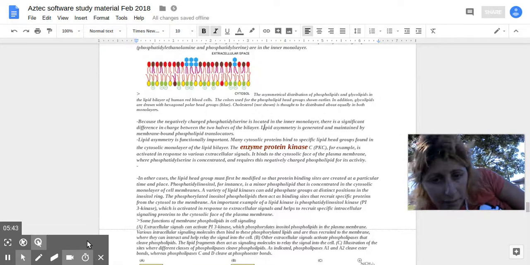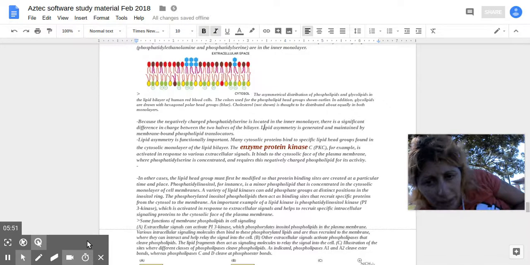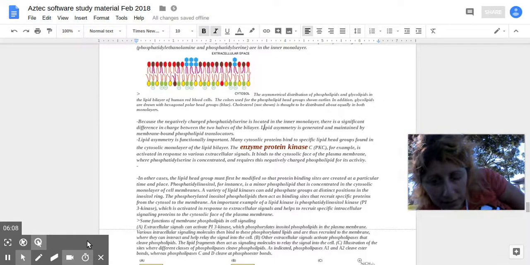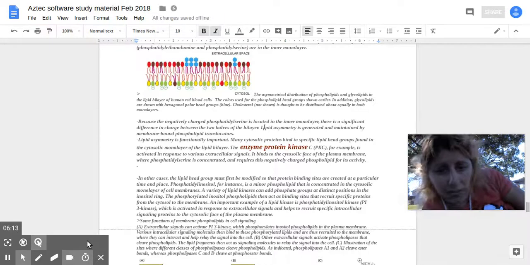They sometimes must first be modified so that protein binding sites can be created at a particular time and place. Phosphatidylinositol, for instance, is a minor phospholipid concentrated in the cytosolic monolayer of cell membranes. So on the inner side of the bilayer, a variety of lipid kinases can add phosphate groups at distinct positions in the inositol ring.